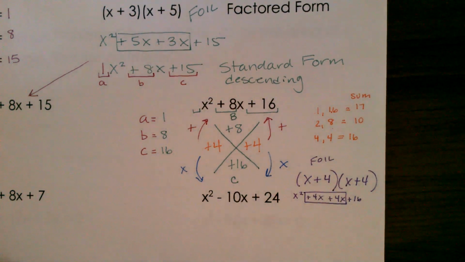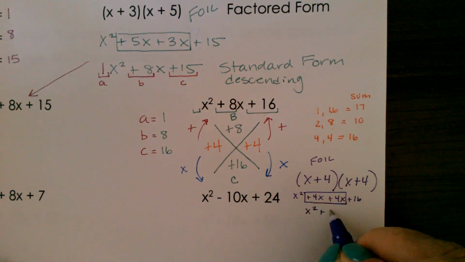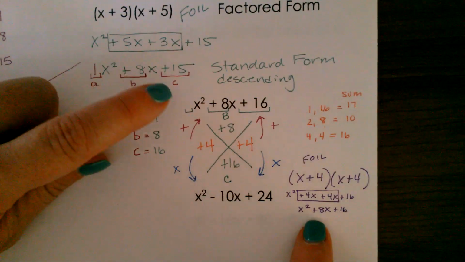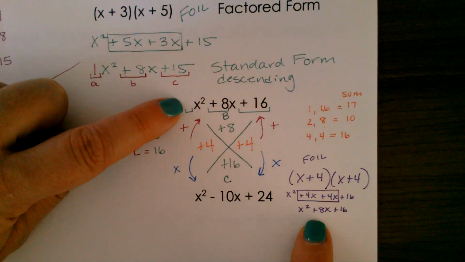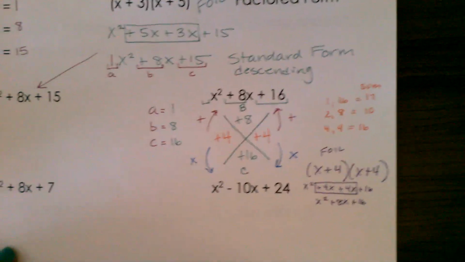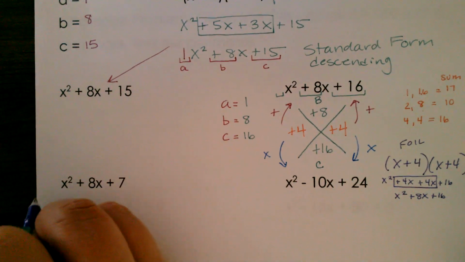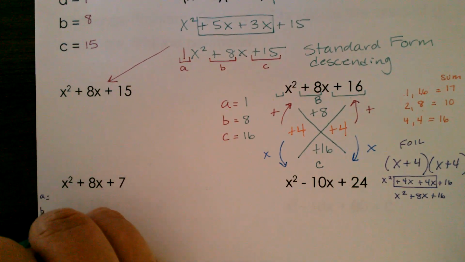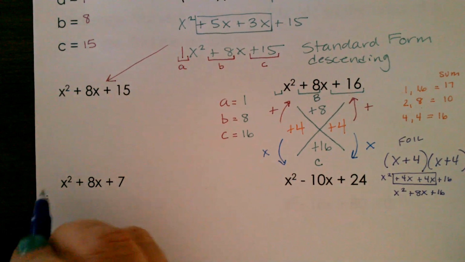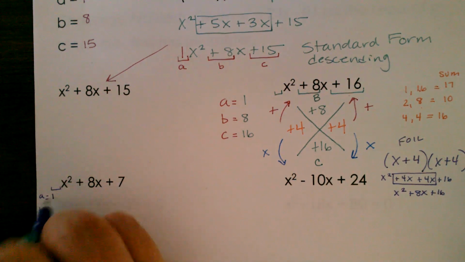Combine the two terms in the center, x squared plus 8x plus 16, got me to where I started. This will work anytime a is 1. So I'm going to slide over here. I'm going to identify my a, my b, and my c. Remember, a is the digit or the number in front of the x squared, so 1.